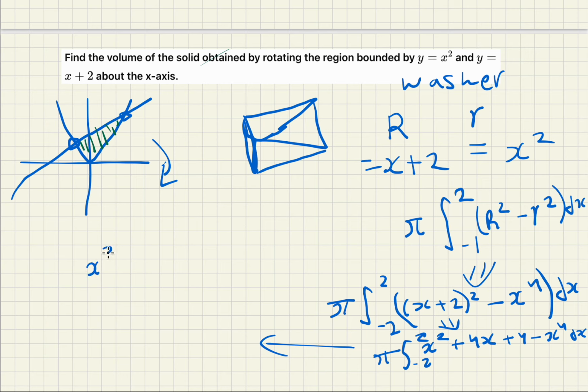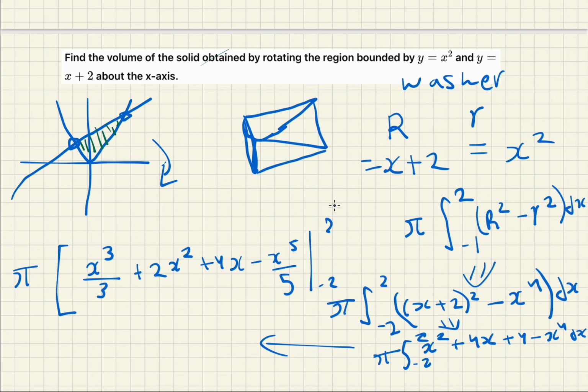So we integrate using the power rule for each of these terms. I get x cubed over 3 plus 2x squared plus 4x minus x to the power of 5 over 5. And that is evaluated from negative 1 to 2. And don't forget to multiply it by pi at the end. So now all we need to do is input 2 and the lower bound.